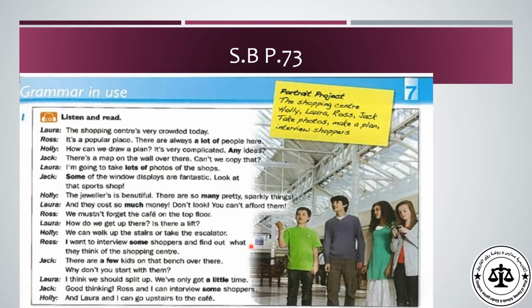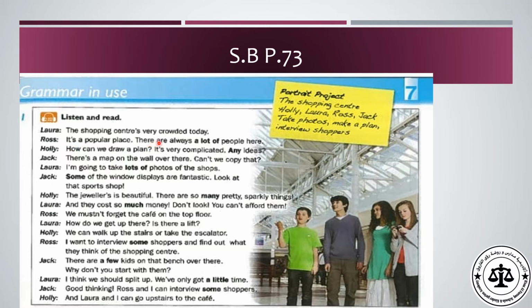Now I want you to open your student's book, page 73. We want to read this dialogue and I want you to underline the quantifier and the noun that comes with the quantifier. We have a dialogue between Laura, Rose, Holly, and Jack.